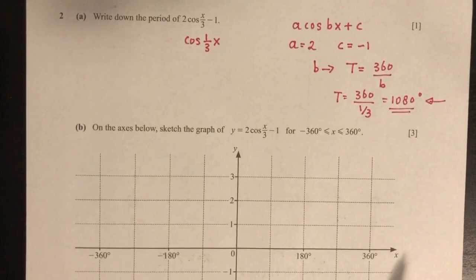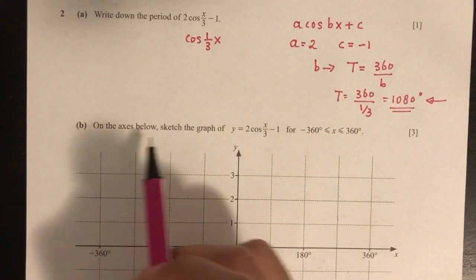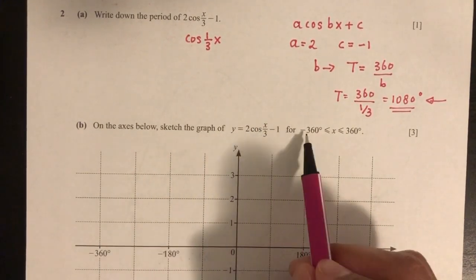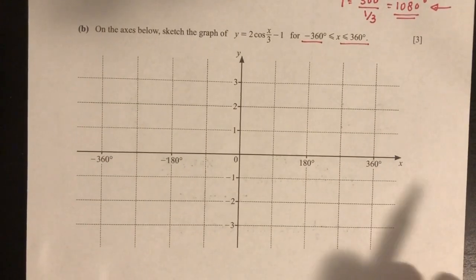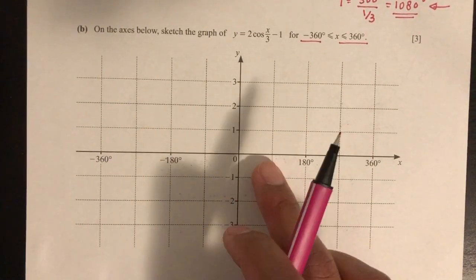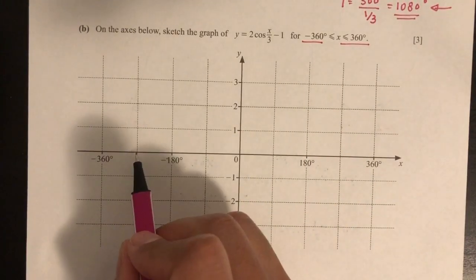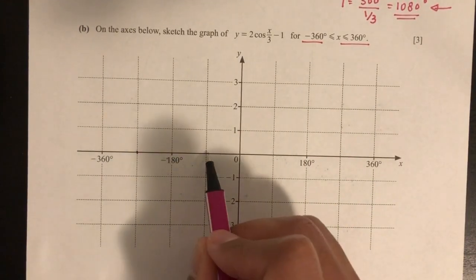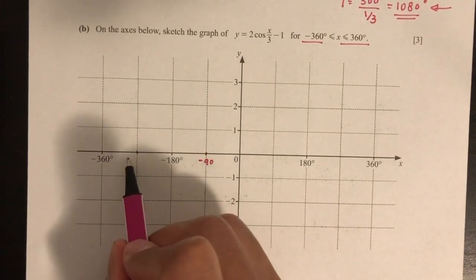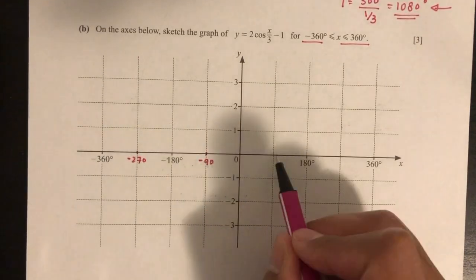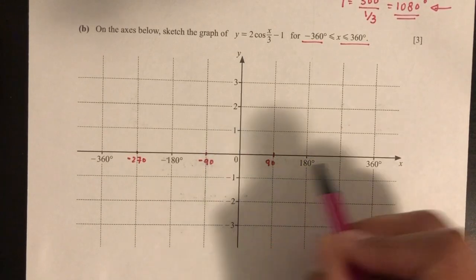Now part B, on the axis below, sketch the graph of this for this and this. Let's find out at each point what are the possible values that we have. Here is minus 90, and here we have minus 270. Here we have 90 and 270.